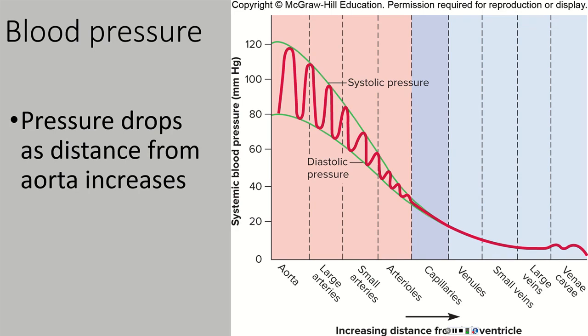Now, from now on we can think of blood pressure and MAP interchangeably. Blood pressure drops as distance from the aorta increases. So in the aorta, that's where blood pressure is highest. As we move further away from the aorta, that pressure starts to drop. We have a graph here that shows us a couple of things. First, down here are the vessels as we're moving further and further away. The very first thing here is the aorta. And we can see 120 over 80, 120 over 75, thereabouts.